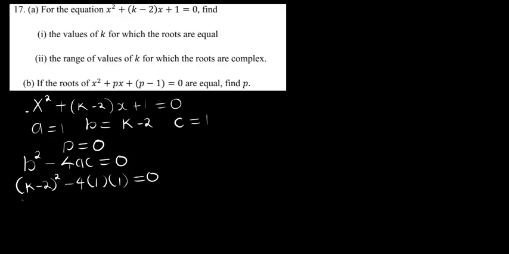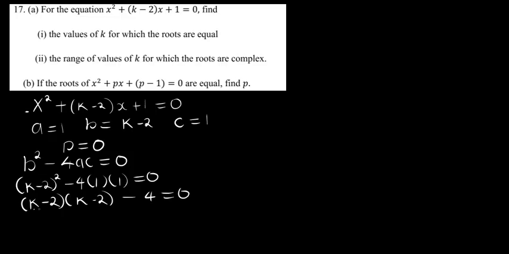After doing that, the next step is to expand so that we can find the value of k. Remember that there you have a square, meaning k minus 2 is repeated, minus 4 equal to 0.